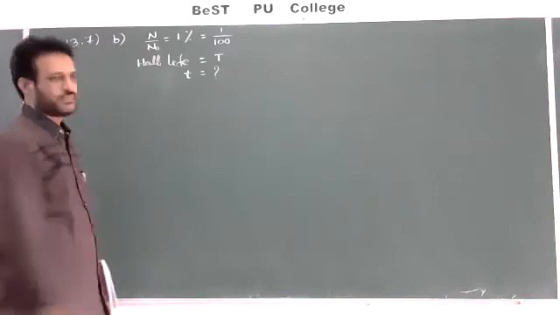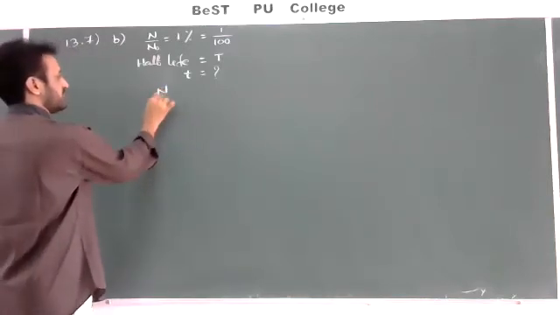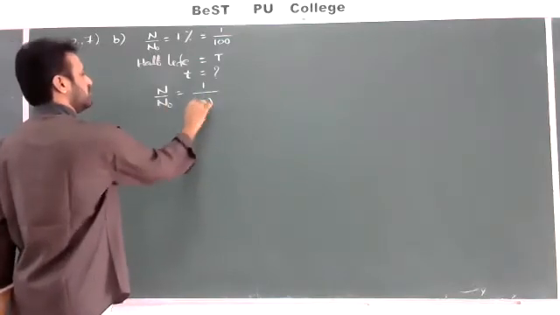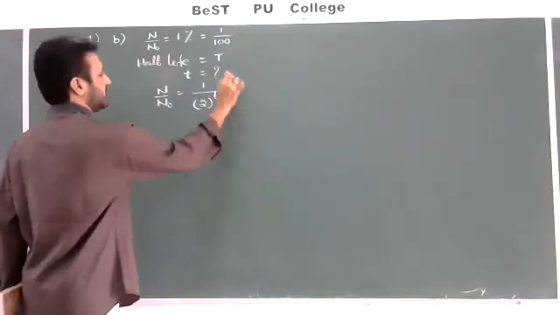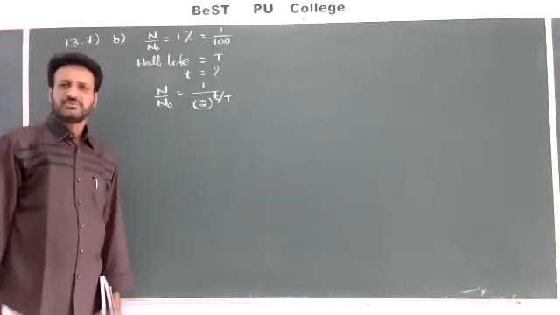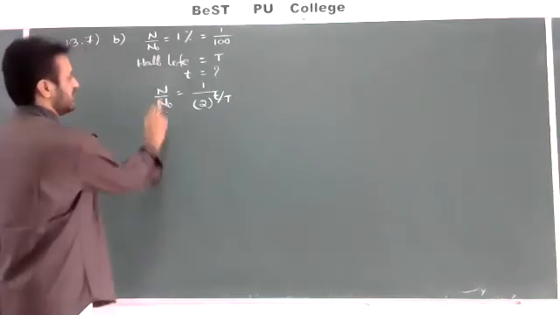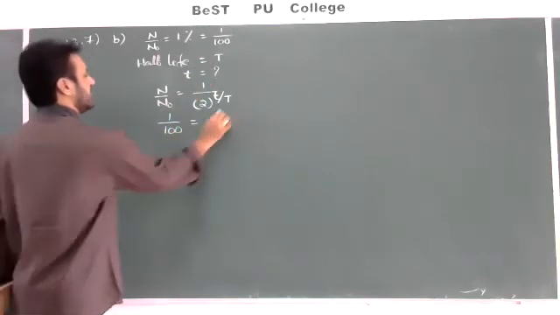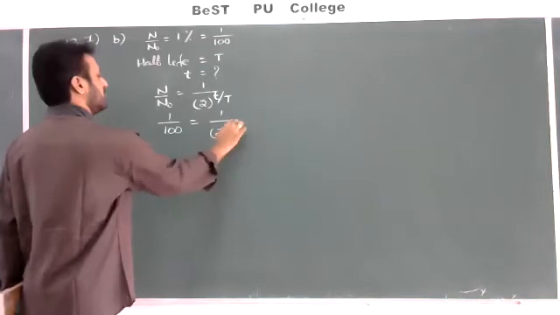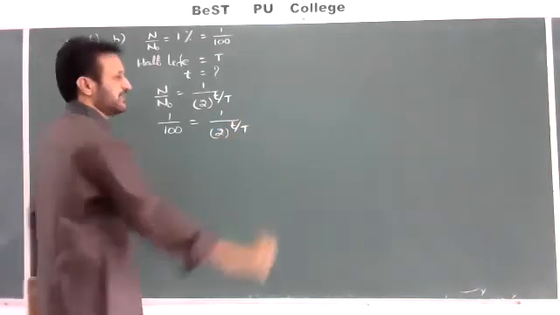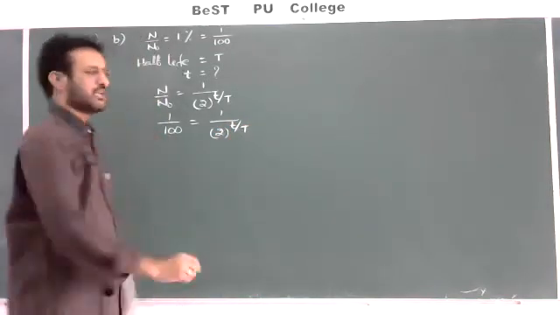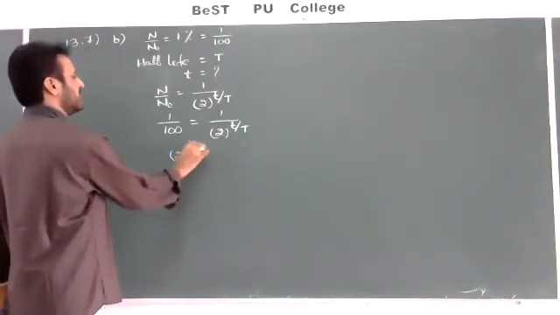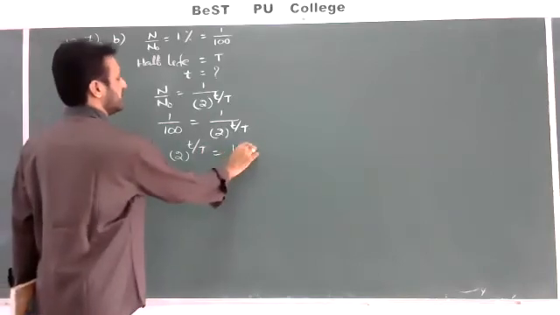That you should calculate. Use the formula N by N naught is equal to 1 by 2 to the power of small t by capital T. Here you should write 1% means 1 by 100 is equal to 1 by 2 to the power of small t by capital T. Taking the reciprocal on both sides, we can write 2 to the power of small t by capital T is equal to 100.